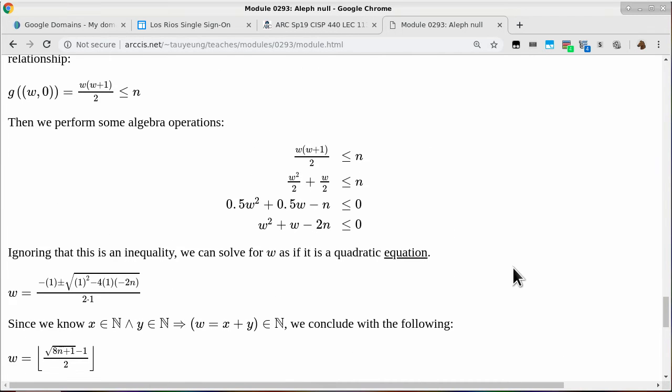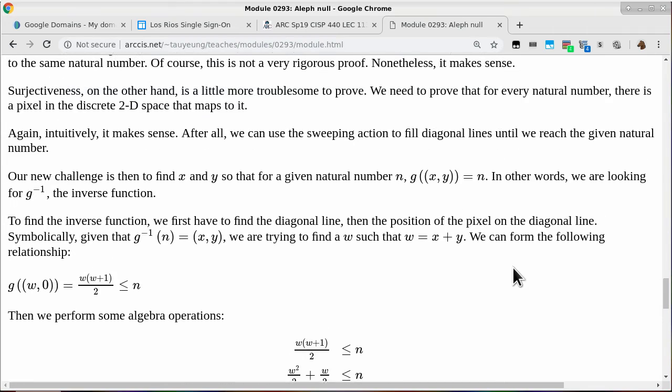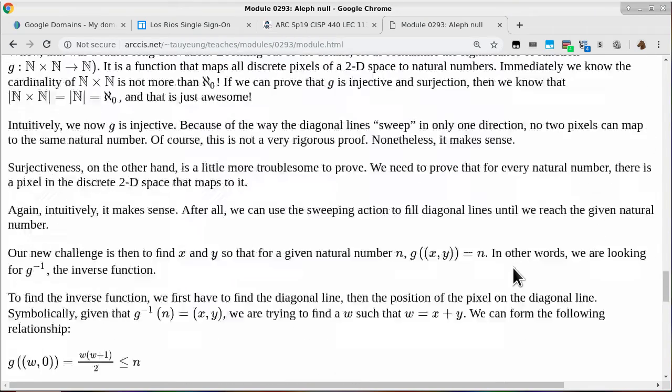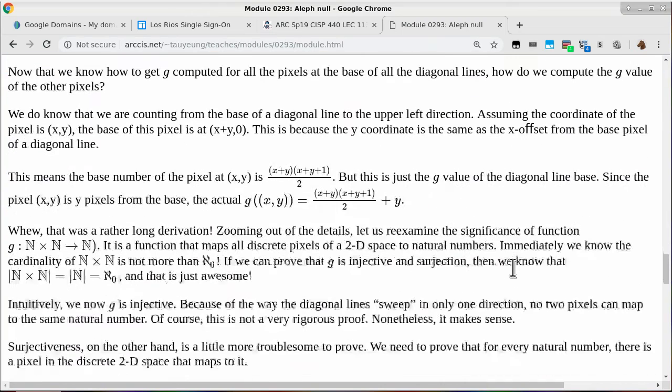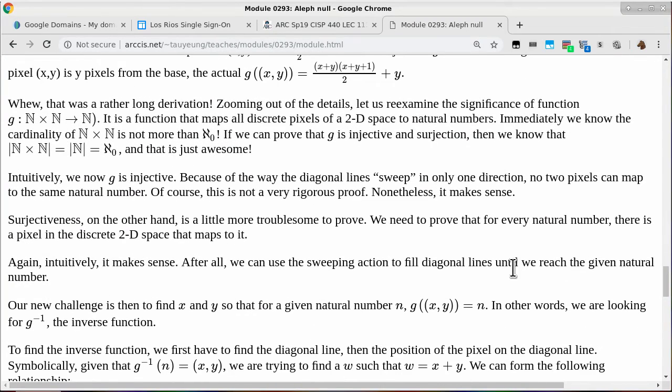So the pine tree says, if you don't really care about the derivation and stuff like that, then where is that g? Where did I put it? Right here. If you look at the whole tree, this is an important part of the tree: g of xy looks like that.